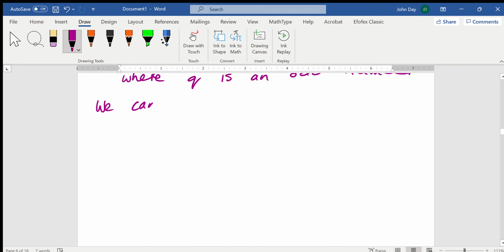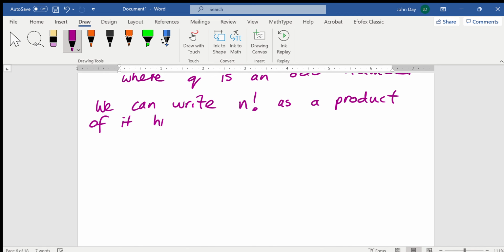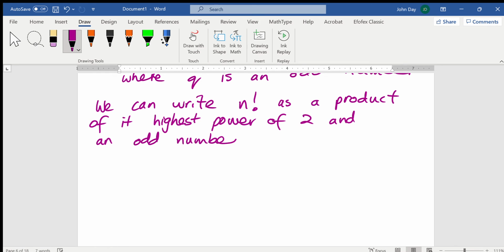Also, now we can write n factorial as a product of its highest power of 2 and an odd number. That's the next thing we need to establish.